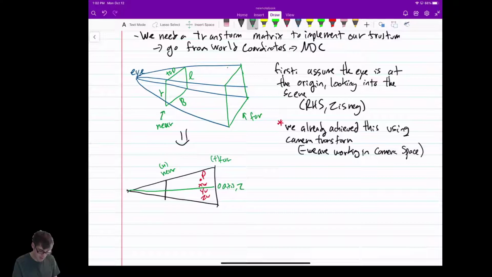This Z axis, straight into the scene. This is what I wanted to highlight. If I draw a line from my eye to P, I have two right triangles. And I can use the ratio of similar triangles to start making equations about this.